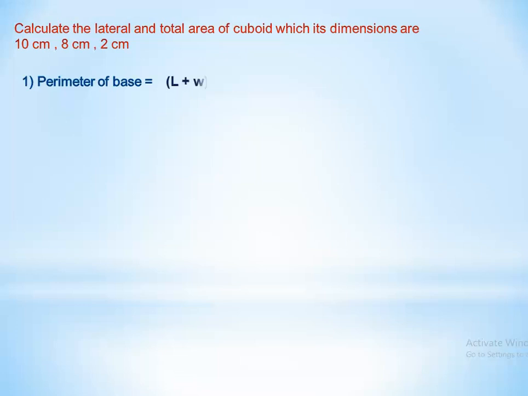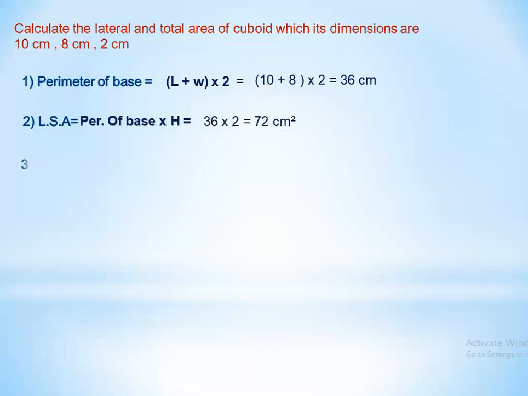So it will be length plus width by 2, 10 plus 8 by 2 equals 36. Step 2, LSA equals perimeter by height. It will be 36 by 2 equals 72 centimeters square. Then base area, length by width equals 10 by 8 equals 80 centimeters square.